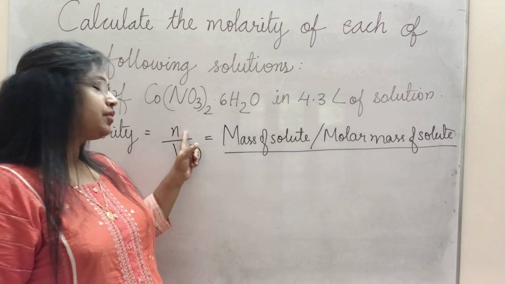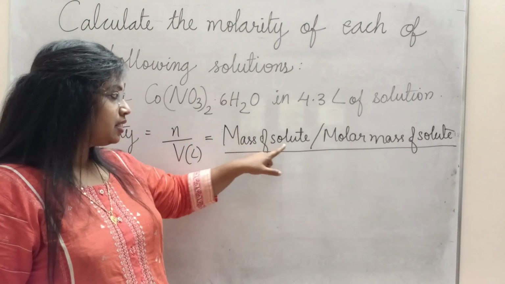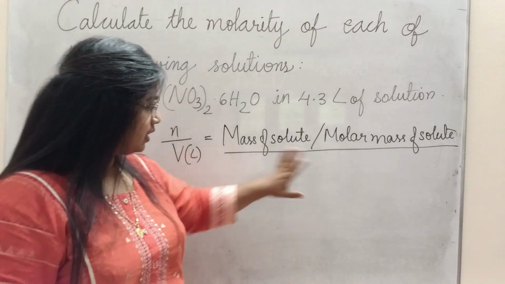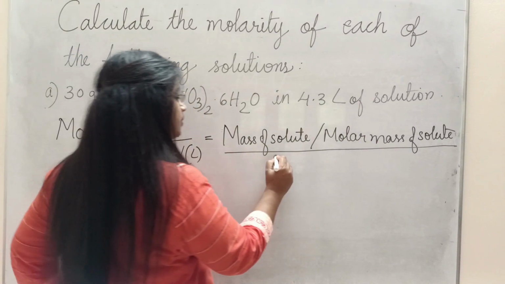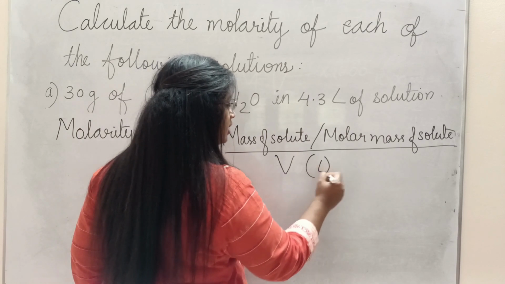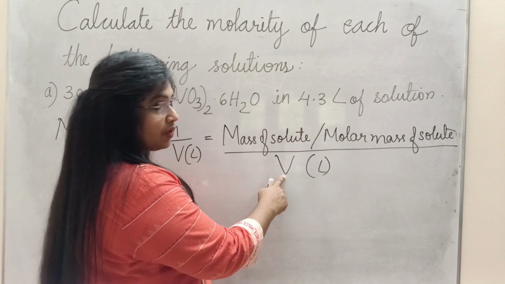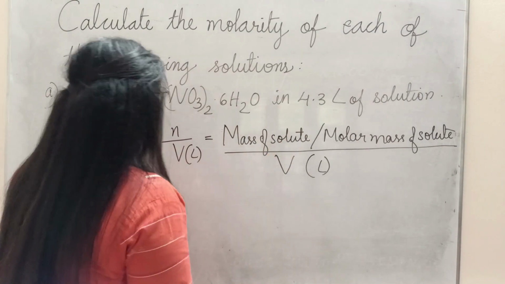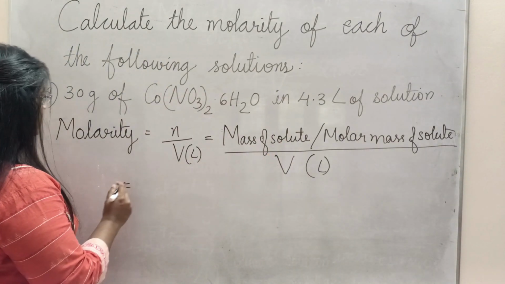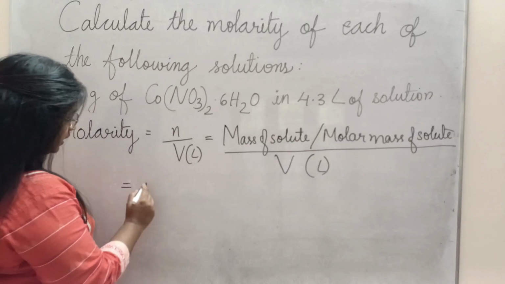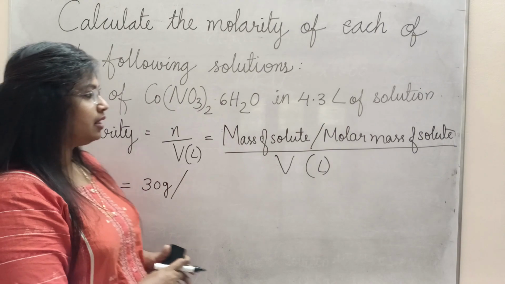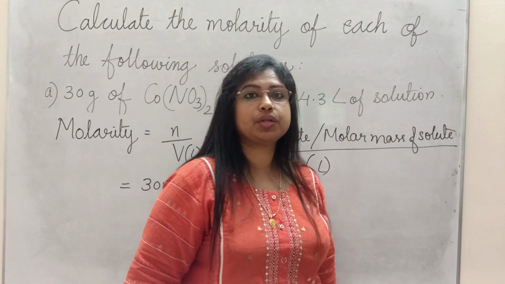We divide the mass of the solute by its molar mass, and the whole is divided by the volume of the solution in liters. We are giving the solution volume. Okay. Now what is the mass of the solute? It's already given. 30 gram is given, isn't it? So 30 gram divided by the molar mass of the solute.